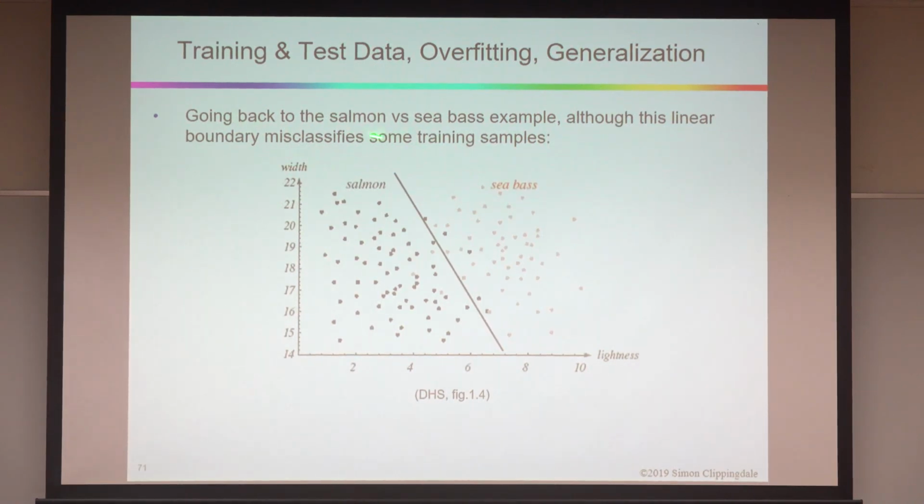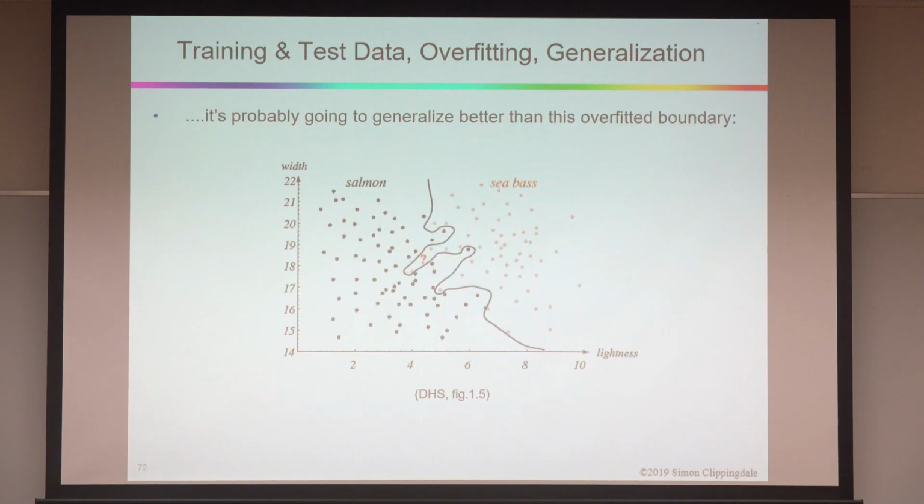So to go back to the salmon and sea bass example, you may remember we tried fitting this linear boundary, and this seemed to work reasonably well, but there are still some errors. There's still some salmon the wrong side of the line and some sea bass the wrong side of the line. So you might think that a more complex boundary would fit better.